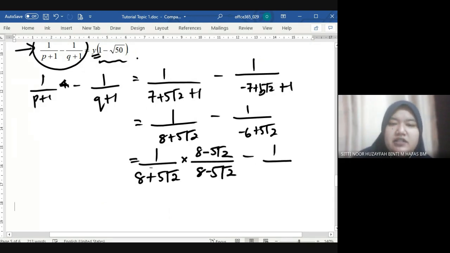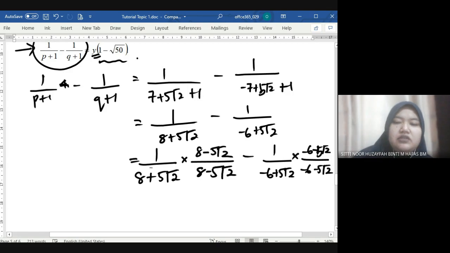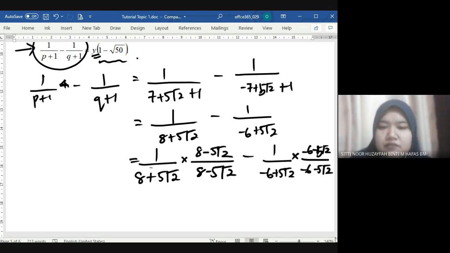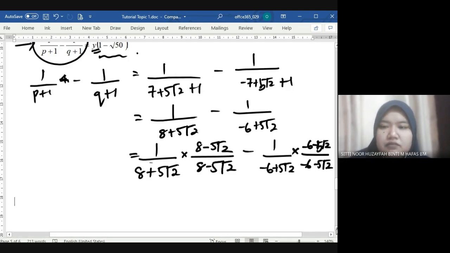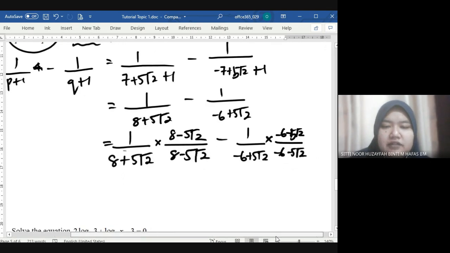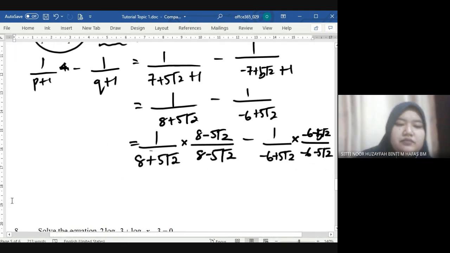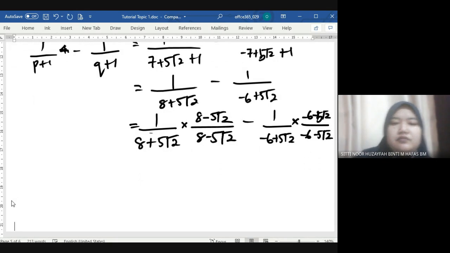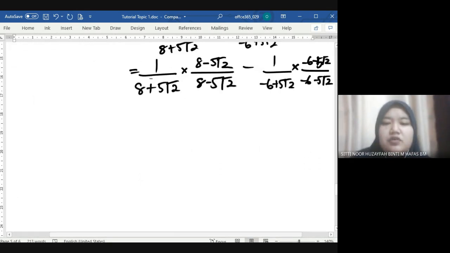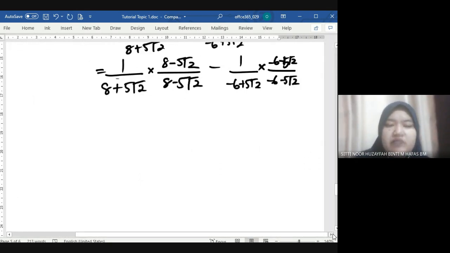So we have 1 over negative 6 plus 5√2 multiplied with negative 6 minus 5√2 over negative 6 minus 5√2. Right?